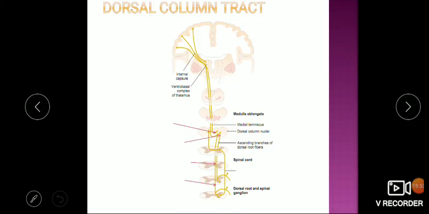So this is the dorsal column in your Guyton. Same, you can see the first order neuron fibers going up to the medulla oblongata, nucleus gracilis and nucleus cuneatus. Based on this, they are labeled as fasciculus gracilis and fasciculus cuneatus.